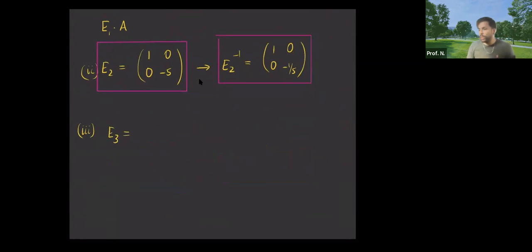E3 says what? It switches the first and second rows. So then what is the E3?